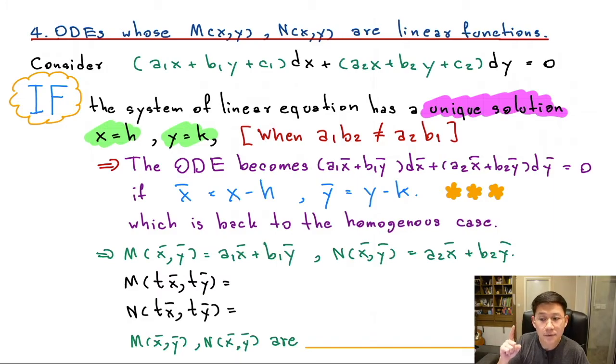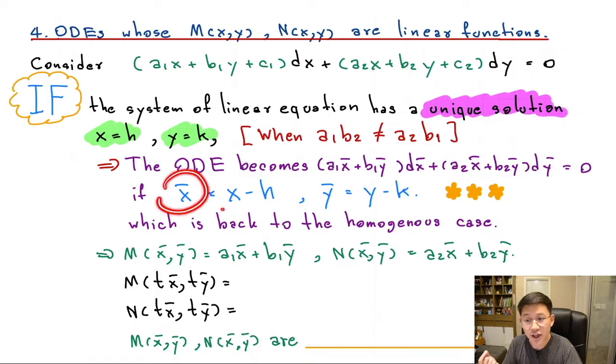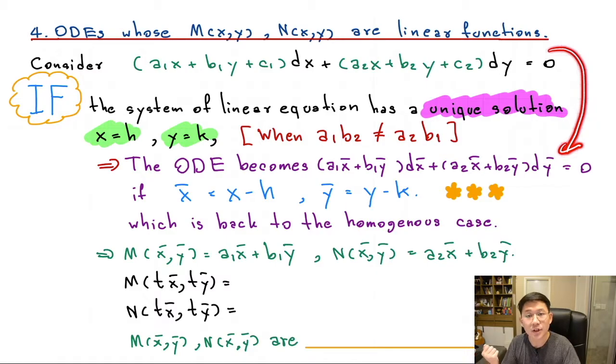If we let x bar be x minus h and y bar be y minus k, we can write this equation in this form. The equation becomes a x bar plus b y bar dx bar, a x bar plus b y bar dy bar.